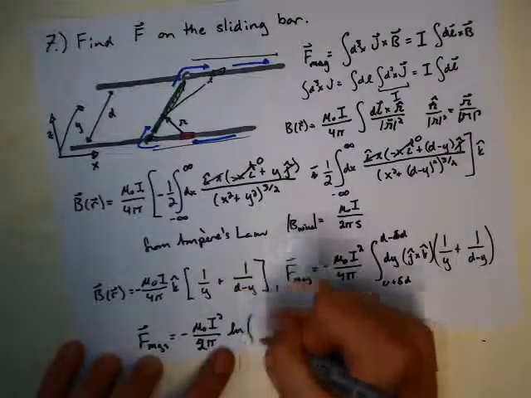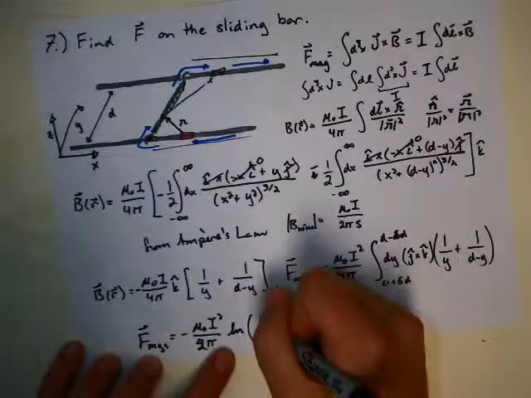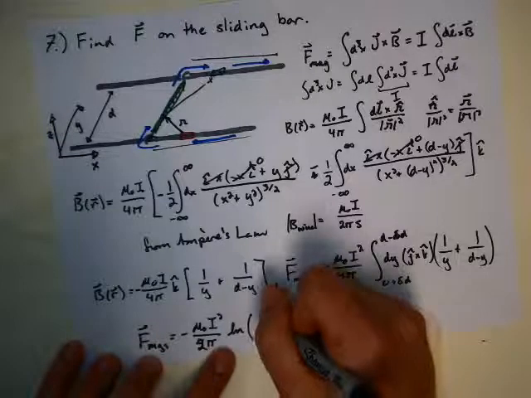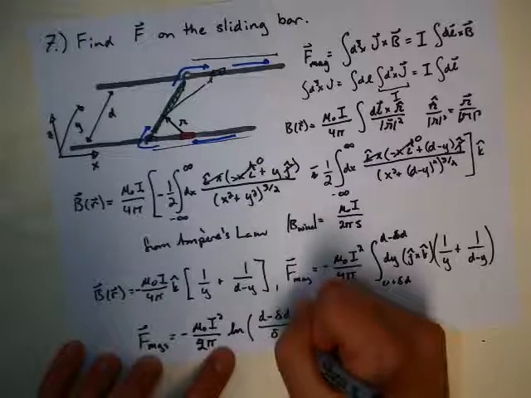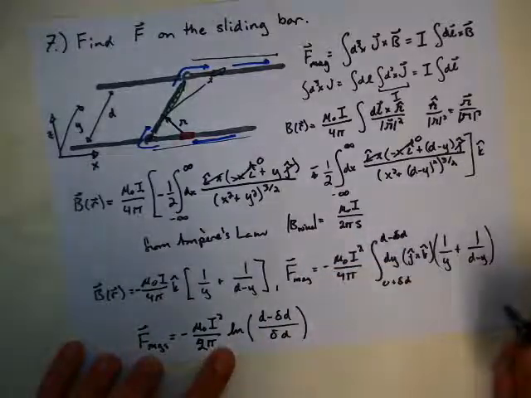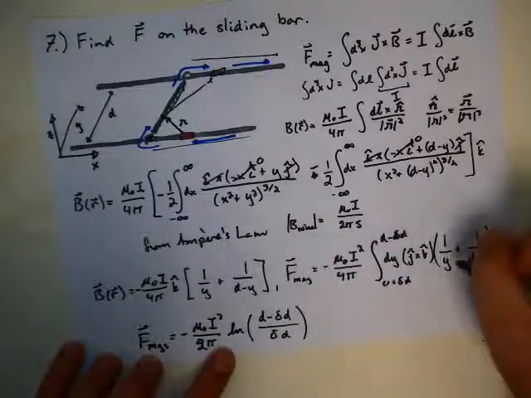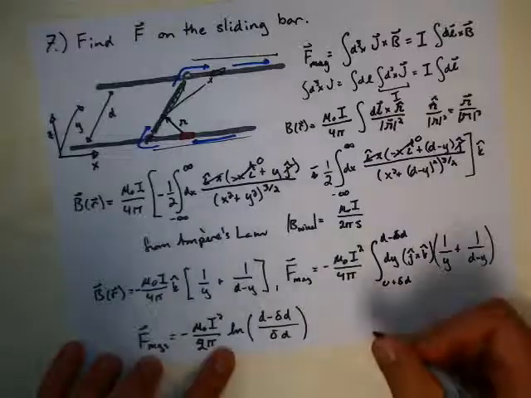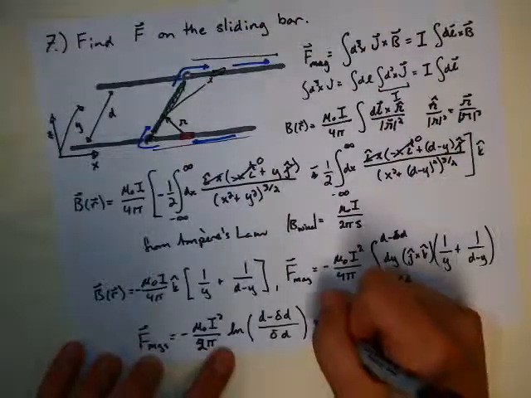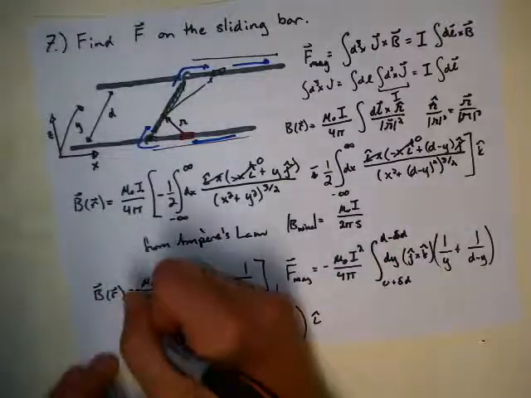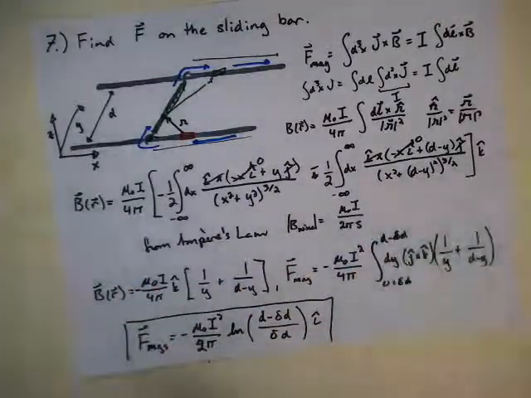Log of capital D minus delta D over delta D. And so we're going to get two of those, one from that one and one from that one. They're going to give the exact same thing, which again you could tell because of symmetry. And this is in the i-hat direction. And so that is the force acting on that wire.